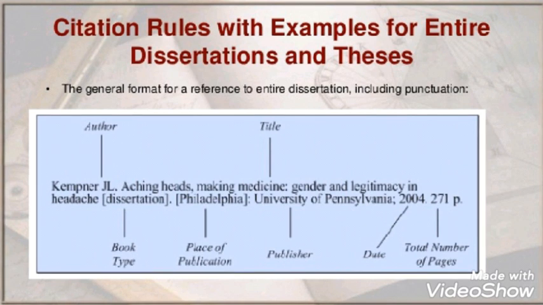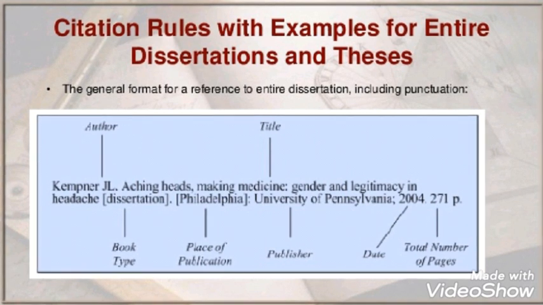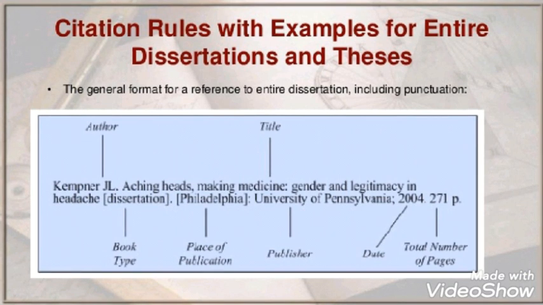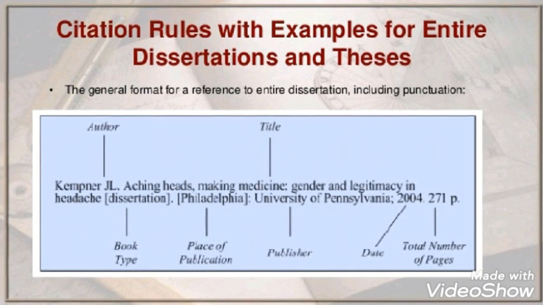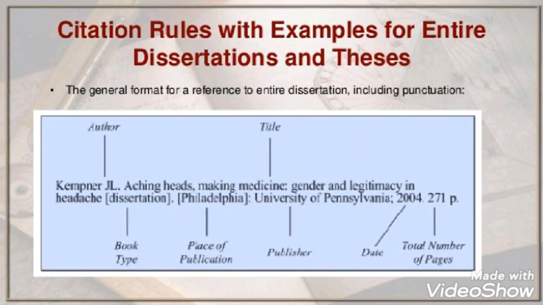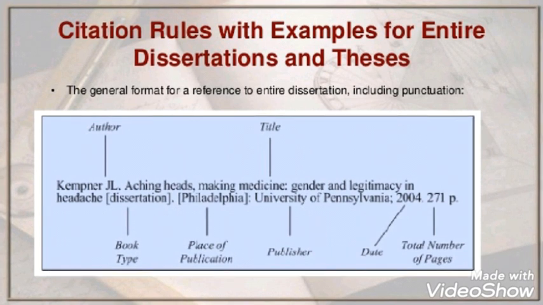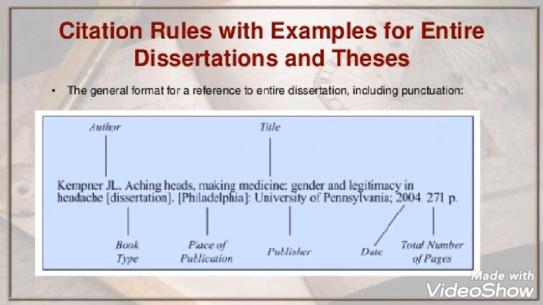Then they have mentioned the title of the book, and then whatever the book type, they have mentioned it in a bracket. Again, after that, they have kept a full stop. Then publication is again mentioned in a bracket. After that, they have kept a semicolon. Then they have mentioned the publisher, and after that, you can see a comma. Then they have mentioned the date on which it was published, and then the type of pages.